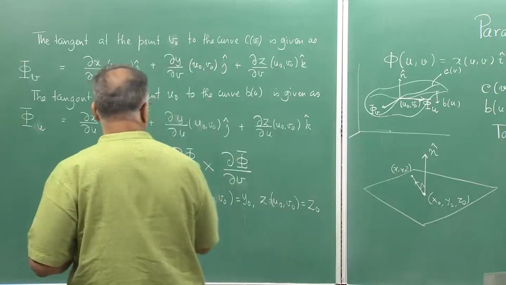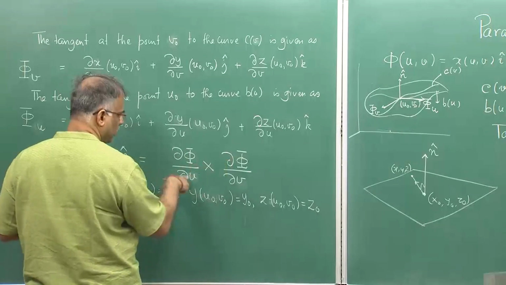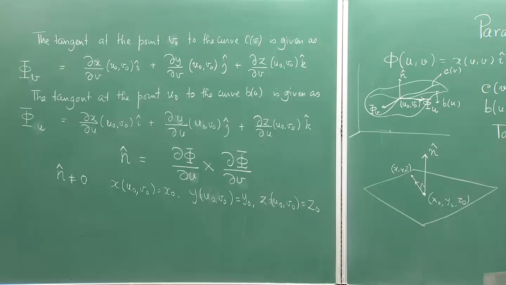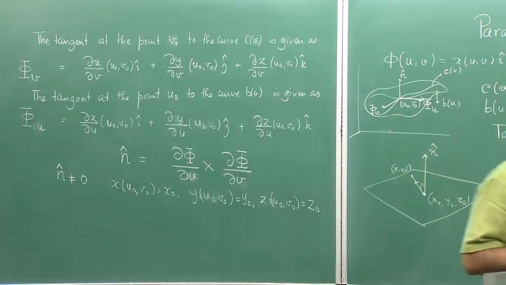You can do it the other way also, del phi u cross del phi v, it does not matter. I am just going by the book so that if you read the book, you do not feel any problem, because it depends on the actual orientation of the curves.